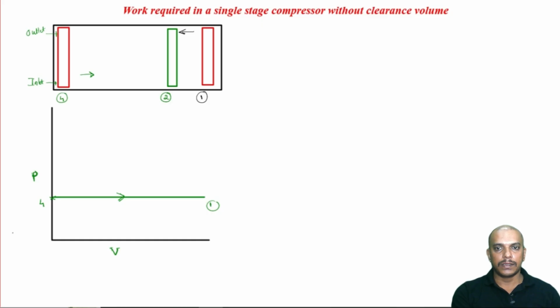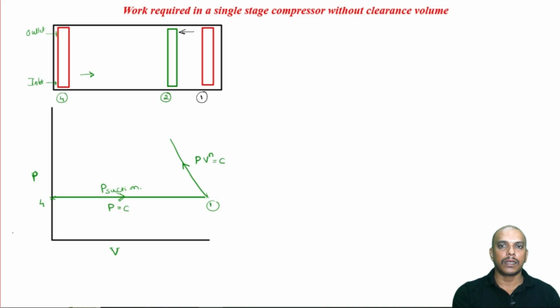This is assumed to be a polytropic process, PV to the power n equal to constant. This is our suction pressure. After the suction stroke, we compress it with both valves closed and assume a polytropic process.